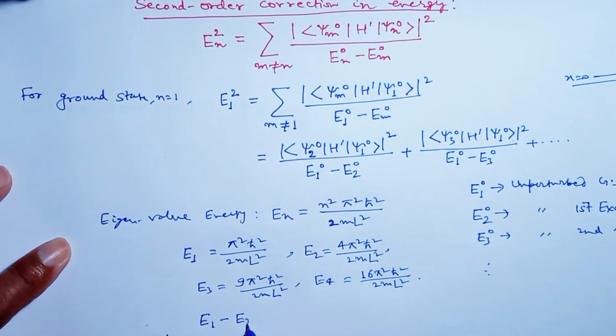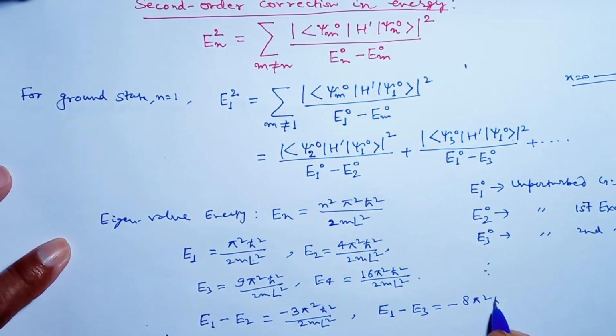E10 minus E20 or E1 minus E2, this is unperturbed energy, this minus this, so it is minus 3 pi square h cross square upon 2 m L square. Similarly E1 minus E3 is minus 8 pi square h cross square upon 2 m L square.